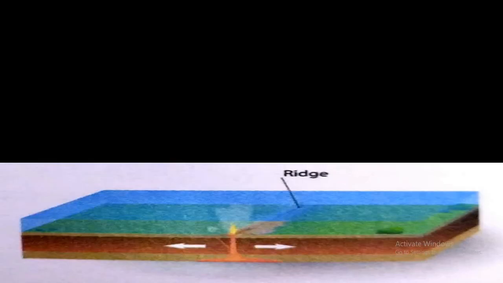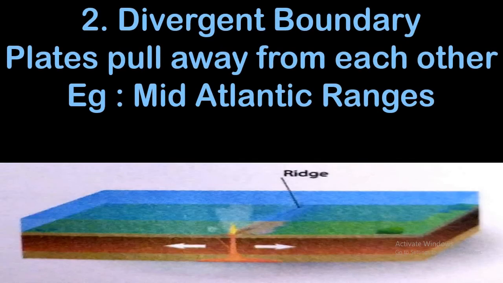The second one we are going to see is the divergent boundary. The plates pull away from each other because the magma pushes up from the mantle and it needs a passage. When the plates pull away, the magma rises up.